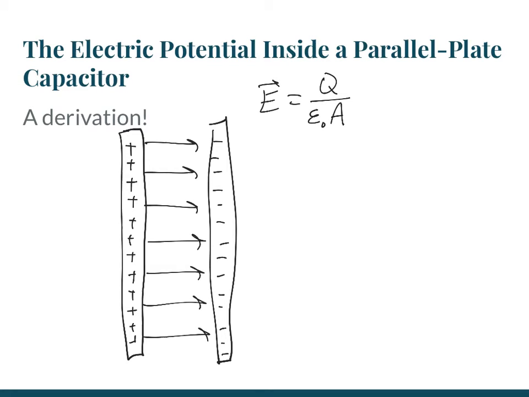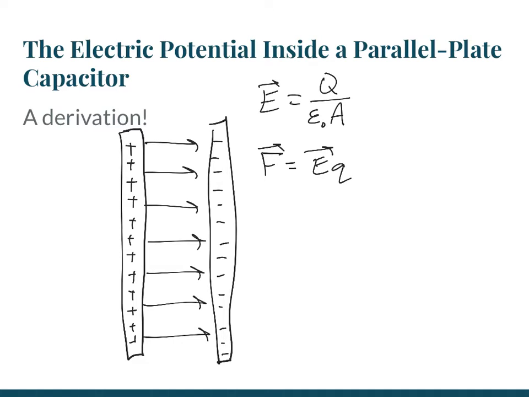And that's how we calculated the electric field, which is of the same direction and magnitude everywhere inside the capacitor. And we also know from last chapter that the force on a particle Q is equal to the electric field times the charge of that particle.